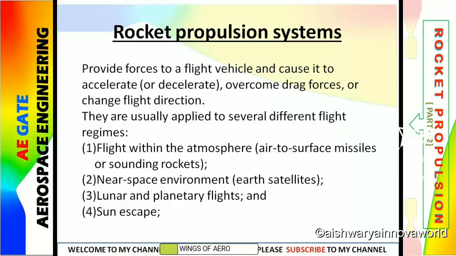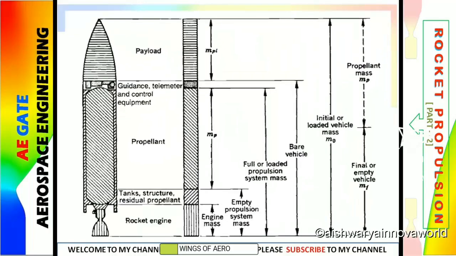These are the 4 basic applications. And there's an intro I'm going to give you on what things are available in the rocket: propellant, rocket engine, mass, empty mass, bare vehicle, etc.